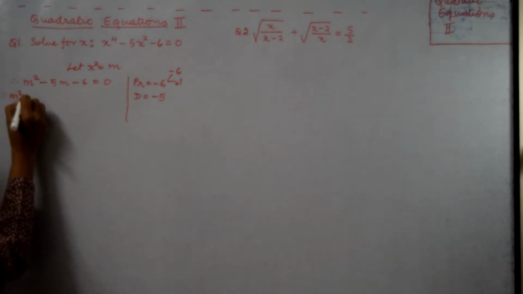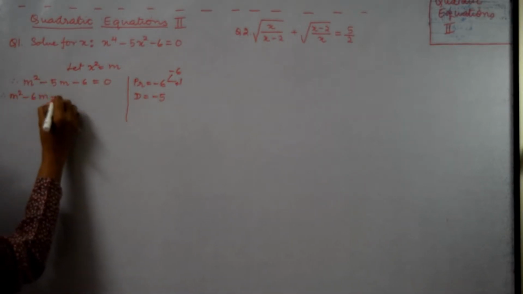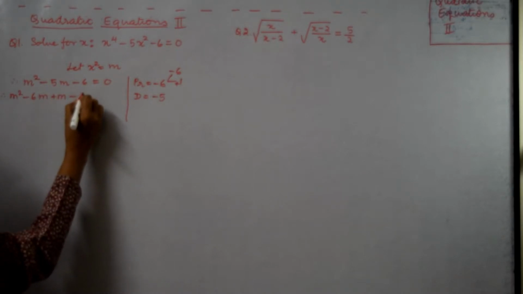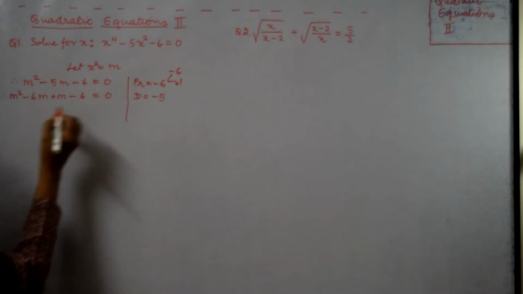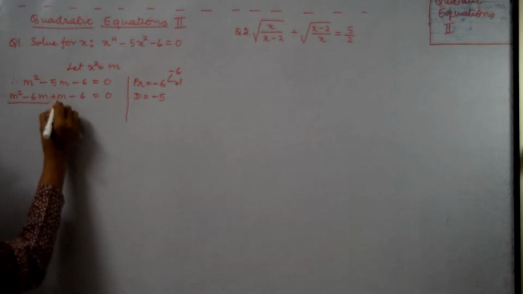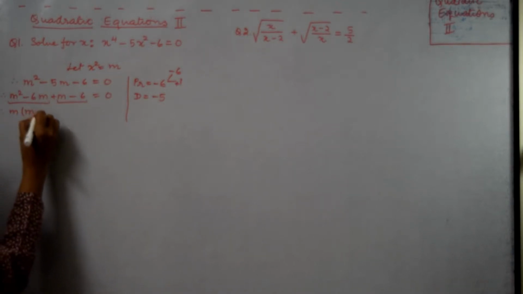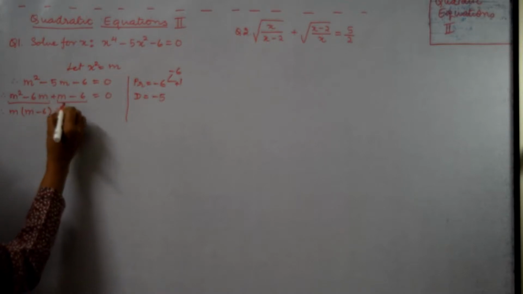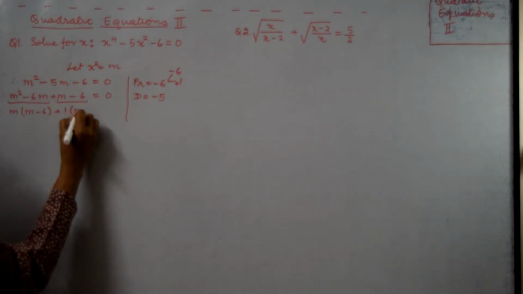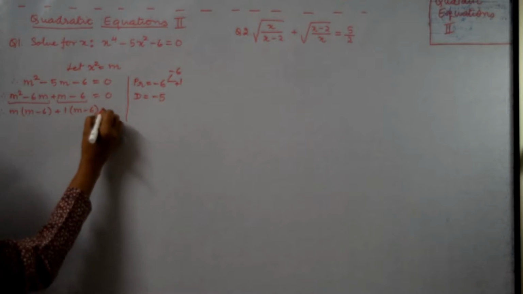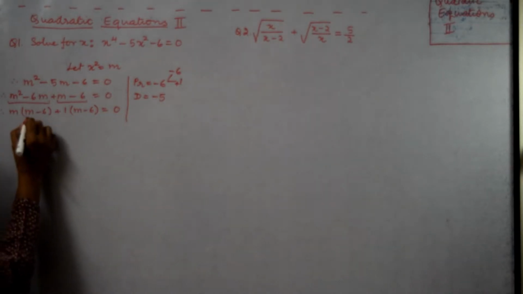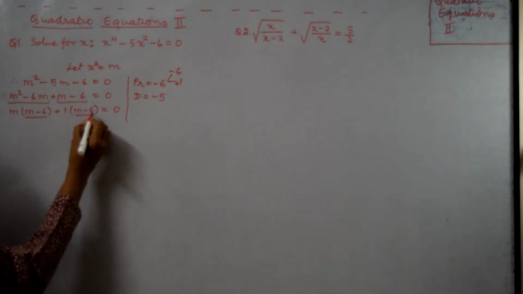Now we start solving this. Therefore we have m squared minus 6m plus m minus 6 equal to 0. Now you group these together, so you will take m common and you will have m minus 6, and between these two 1 is common and you will get m minus 6 inside the bracket, and that is equal to 0. Then again you will see m minus 6 and m minus 6.